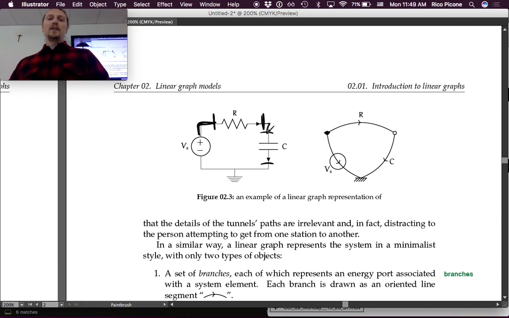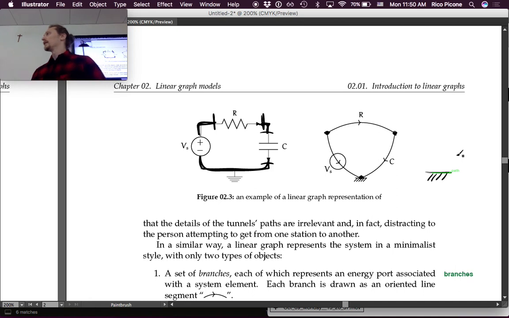All of this between the resistor and the capacitor collapses to this node. And then all of this ground node here collapses to a single point, or it doesn't have to be a single point. Anywhere along this ground where we draw this hatching on it is the ground node.